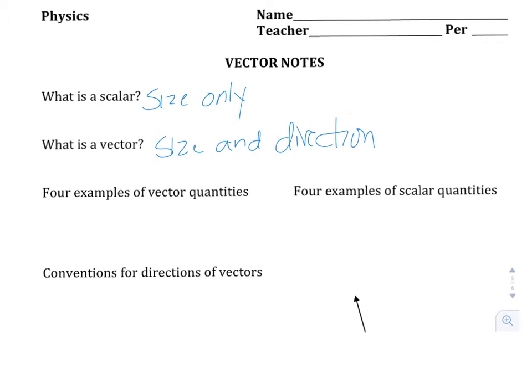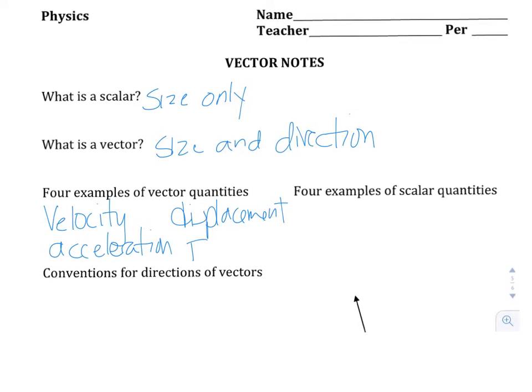So some examples of vector quantities that we've looked at already are velocity, acceleration, displacement, just recently, force. Examples of scalar quantities would be something like speed, distance, even mass, time.